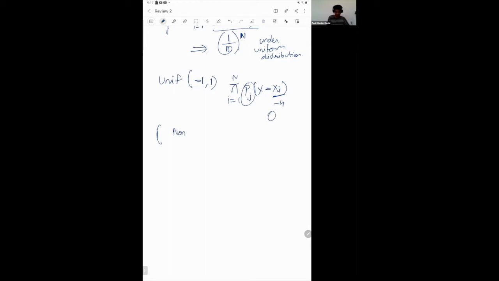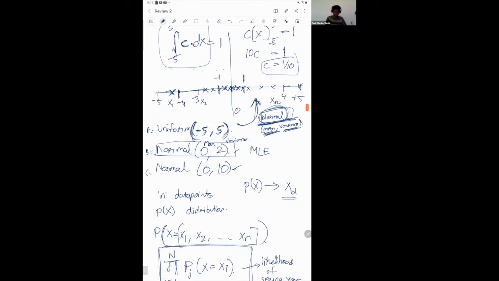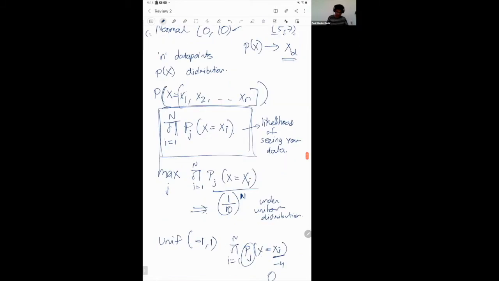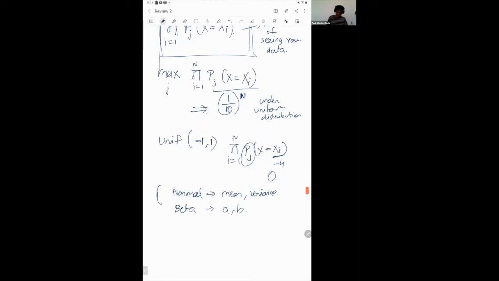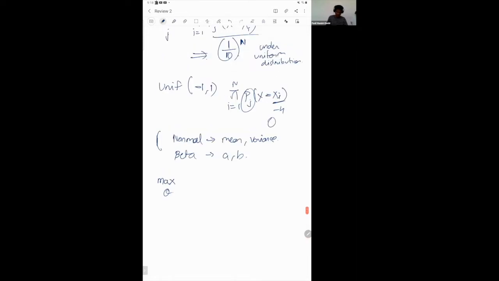For normal, I would be interested in getting mean and variance, and even for beta, you would have two parameters, a comma b. So would normal of 0 2 fit better here, or normal of 0 10, or say normal of 5 7? I'm interested in all of these quantities. And now the way I would go about it is to maximize over theta.